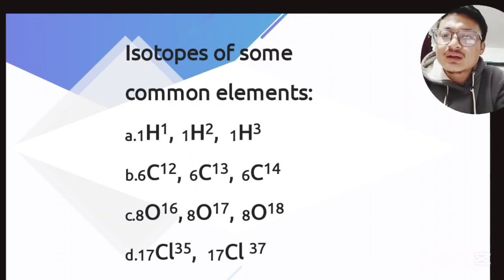Second, carbon. The atomic number of carbon is 6, and carbon has 3 isotopes.